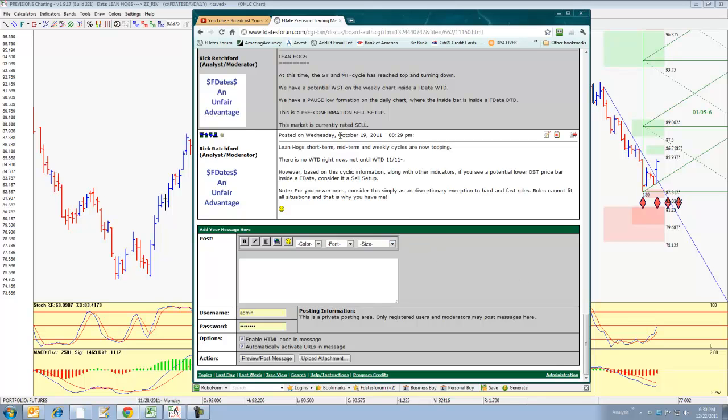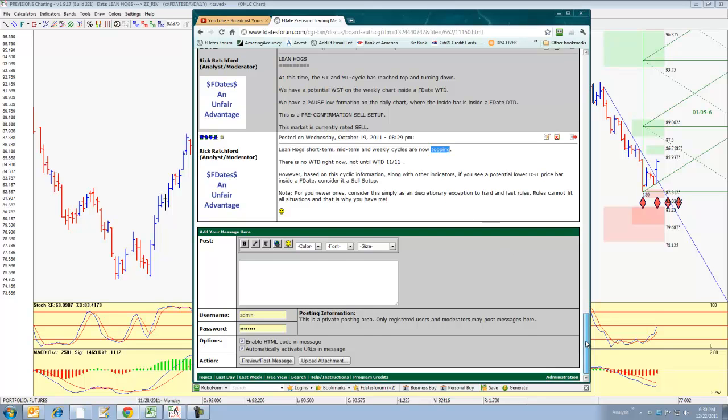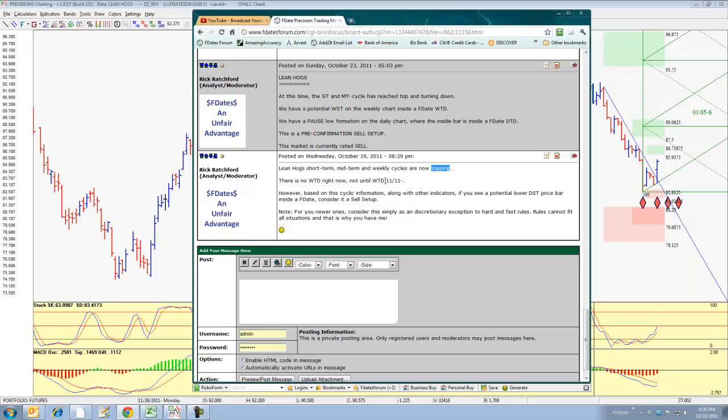So we go back to October 19th in lean hogs here, and I want to point out that on October 19th I had mentioned that the cycles were topping, and that we were looking for prices to start moving lower towards week ending 11/11.